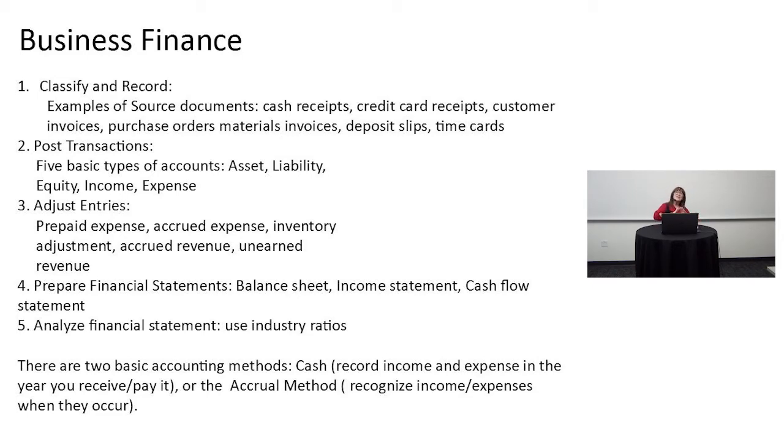Picture yourself, 3 or 4 years down the road, your company is growing, you have a decent year-end financial statement, and you're sitting there looking at it, and you say, okay, what does this all mean? Well, one of the things you're going to do is take ratios that you get from the construction industry.